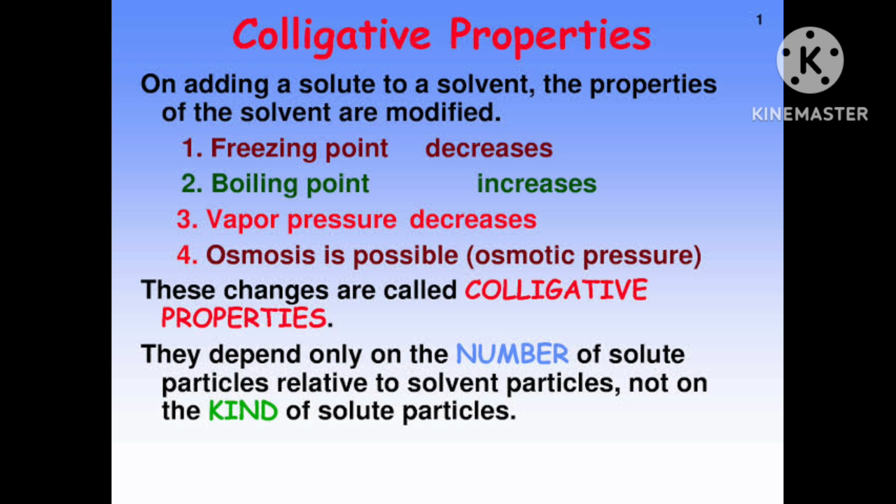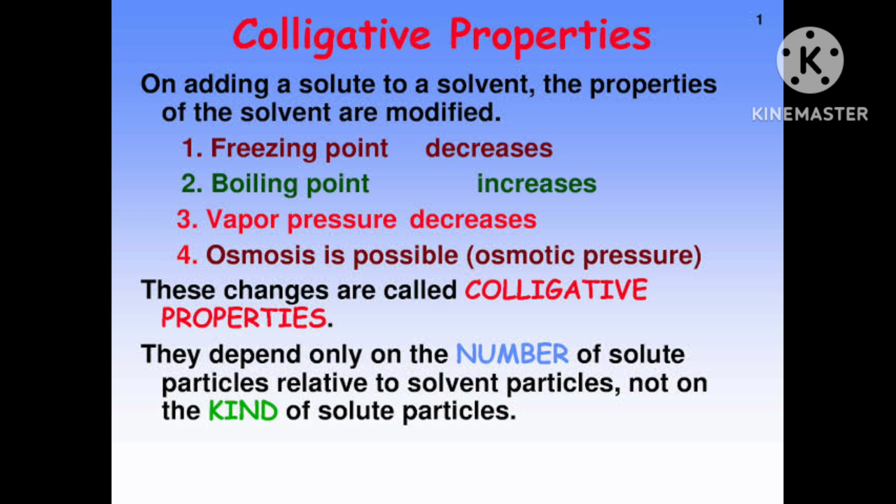After putting the value, you will get P1 naught minus P1 naught x1, from the first equation I told you in the beginning.